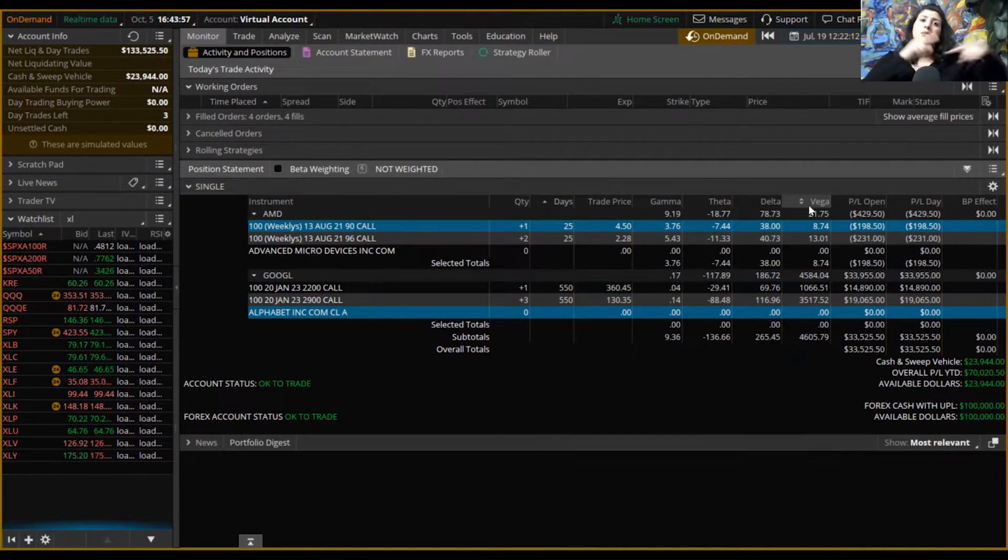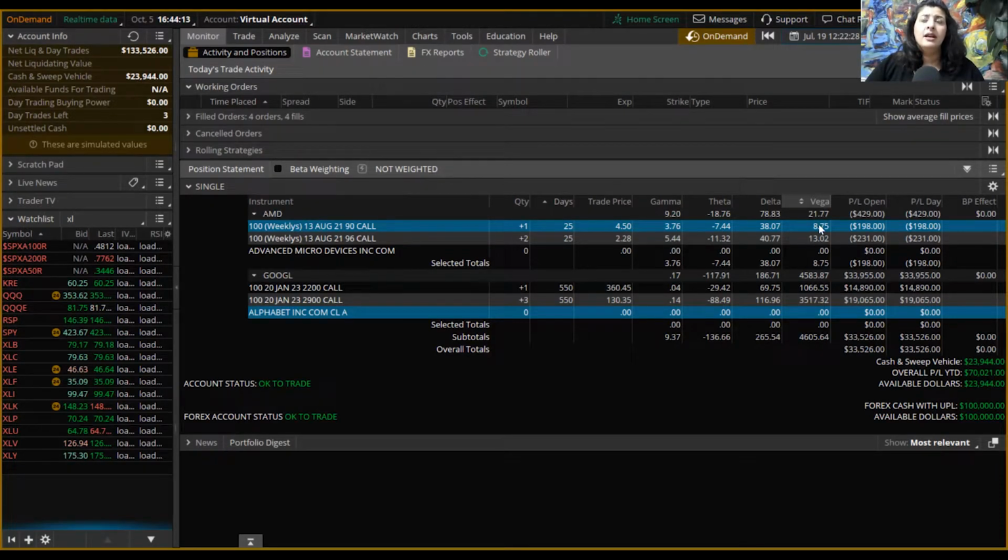So you need the other pieces to be creating more value and minimizing this drop from the slight loss from theta and Vega.